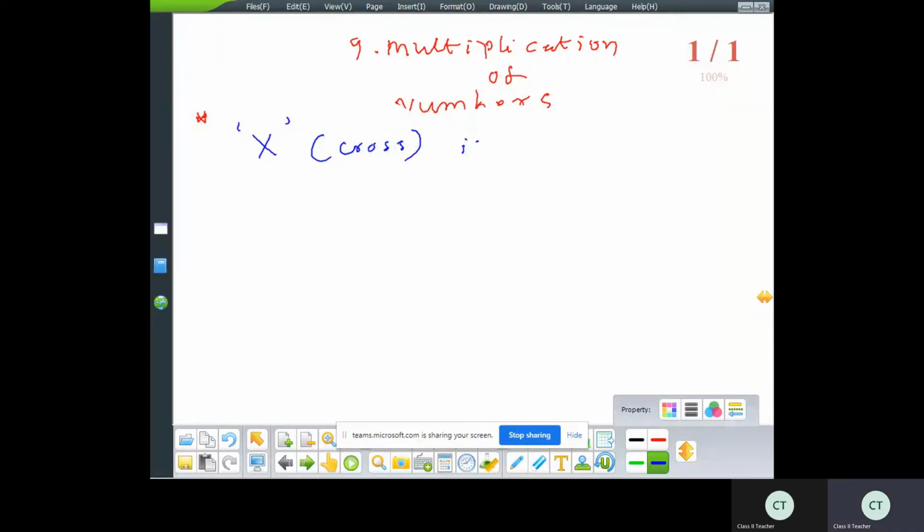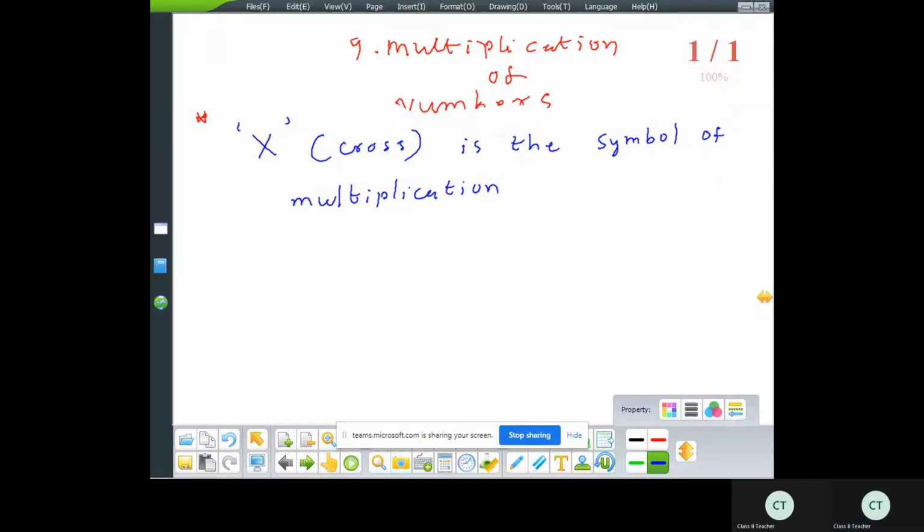Cross is the symbol of multiplication. Second definition is, cross is the symbol of multiplication.